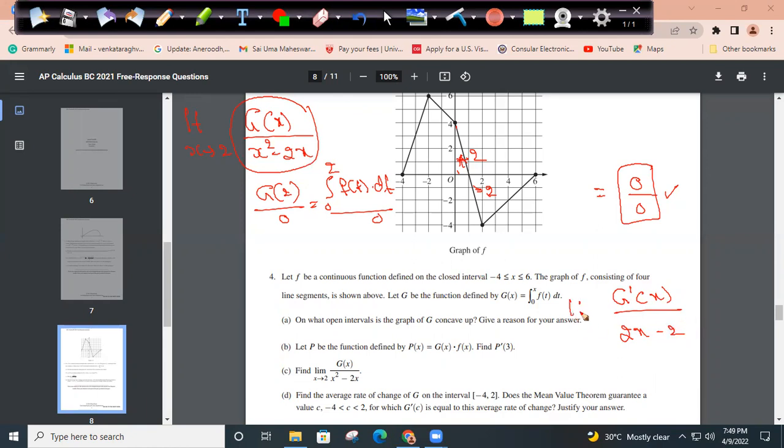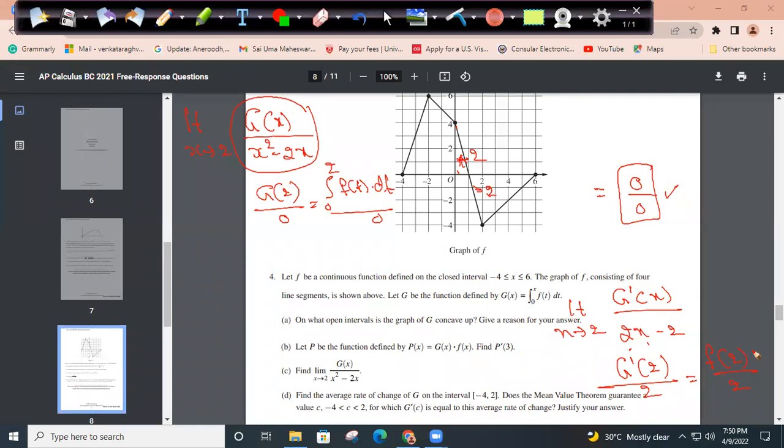So the limit as x tends to 2 of g dash of x by 2x minus 2. Now plug in x as 2. I get g dash of 2 by 2 into 2 is 4 minus 2 is 2. So I get g dash of 2 by 2. But I clearly know g dash of x is same as f of x. As simple as that.